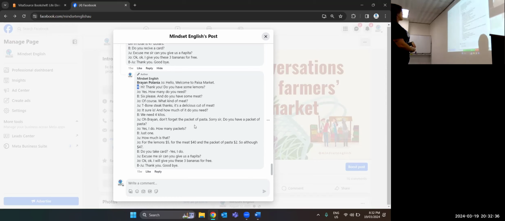Oh, T-bone steaks. It's a delicious good quality. It sure is. And how much of it do you need? We need 4 kilos.